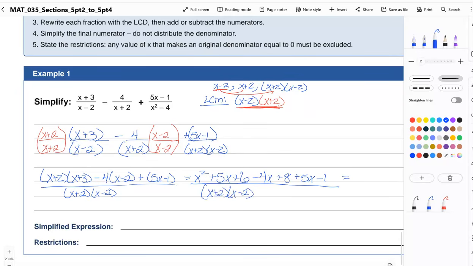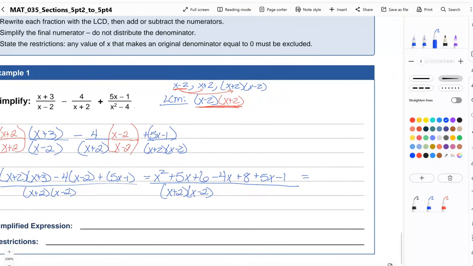And then we're going to simplify. So I've got x squared, and combining like terms, 5x minus 4x plus 5x is a 6 times x. 6 plus 8 minus 1 is a 13.